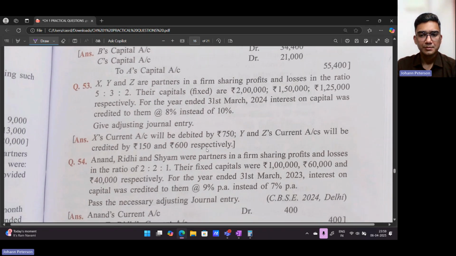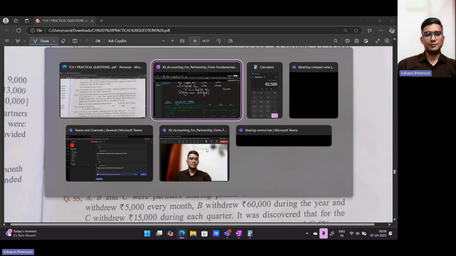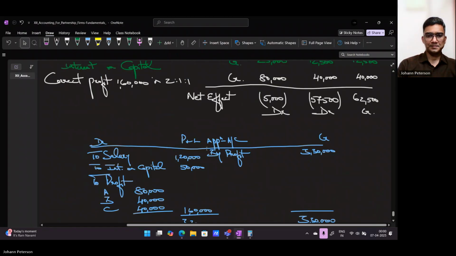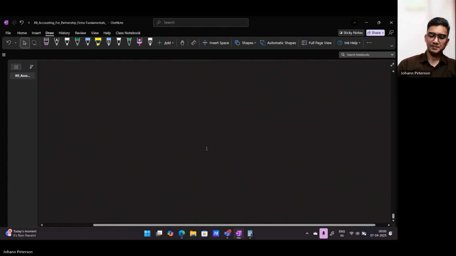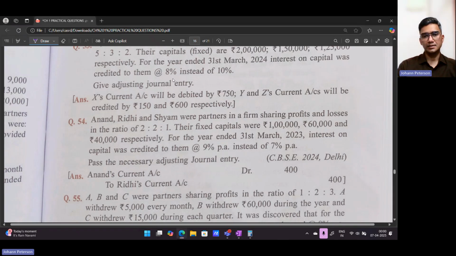Okay, let's do a question where we're talking about a difference in the interest on capital. Let's try question 54. It says A, R, and S were partners in a firm, sharing profits and losses in the ratio 2:1.